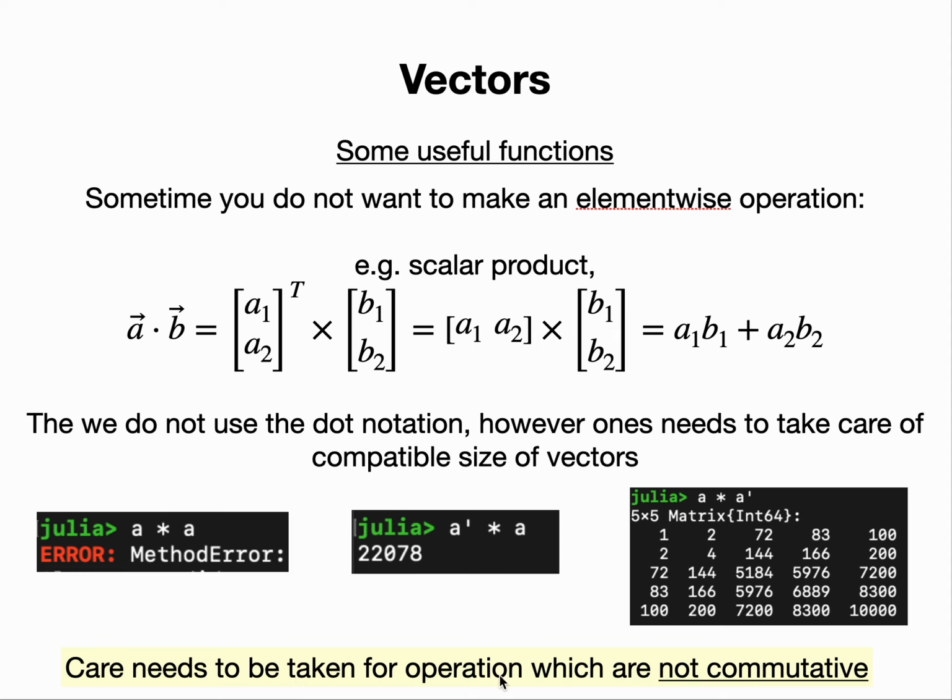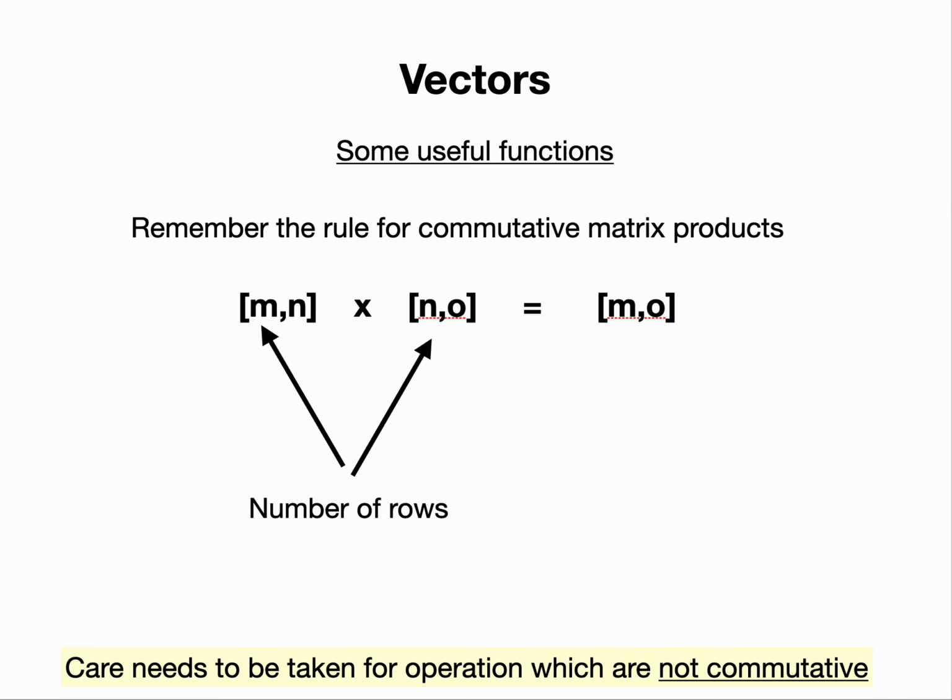So care needs to be taken: multiplications and divisions are not commutative when you're dealing with vectors. And for this, you need to remember the rule for matrix products. So there is always this rule: if you take a matrix of size m by n, and you multiply it by another matrix of size n by o, the result will be a matrix of size m by o.